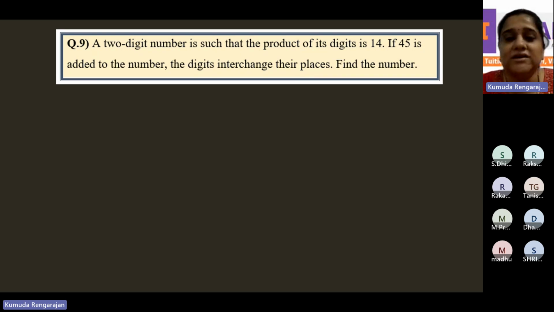A two-digit number is such that the product of its digits is 14. If 45 is added to the number, the digits interchange their places. Find the number. Got the question?